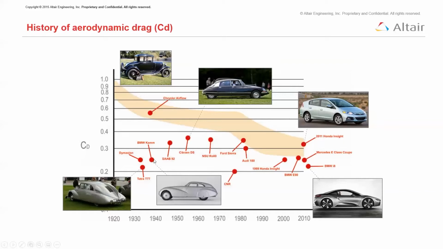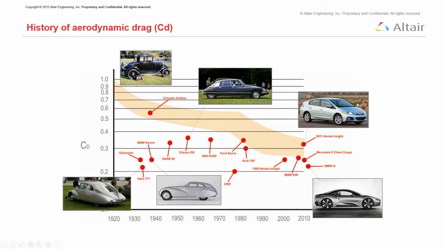But then as the years progressed, safety regulations took over, cars became boxier, more practical, and those CD values went up. But as engineers, as we started to learn how to include CFD inside of our everyday designs, those values started to decrease again.